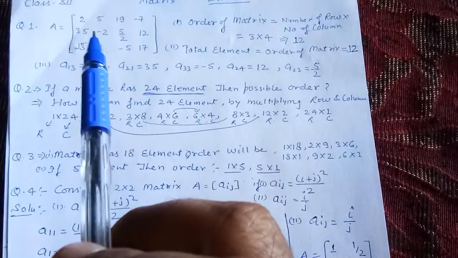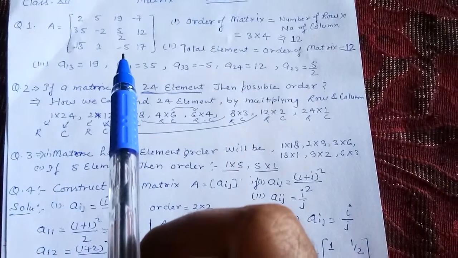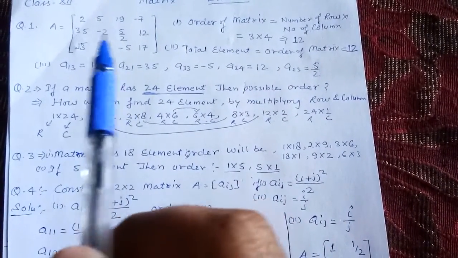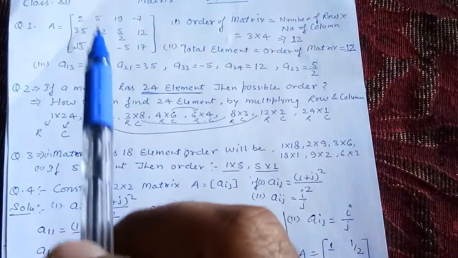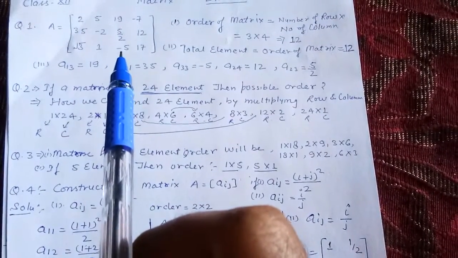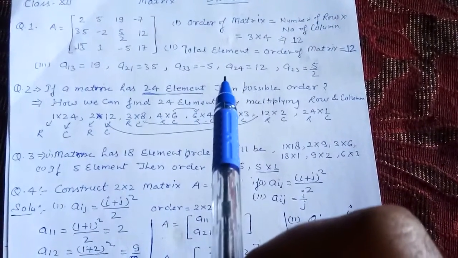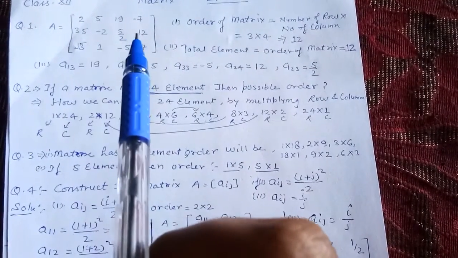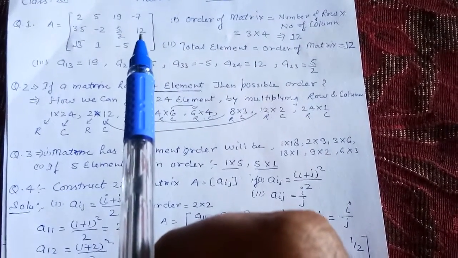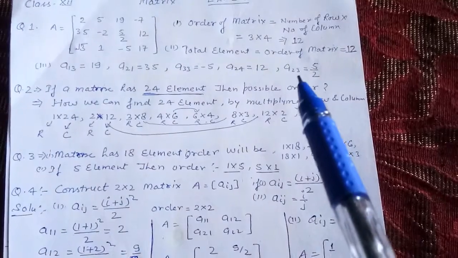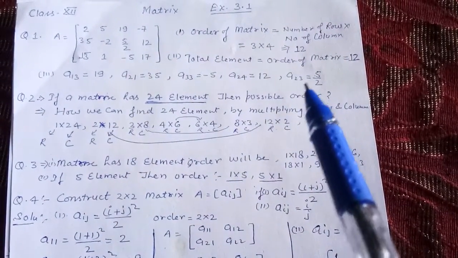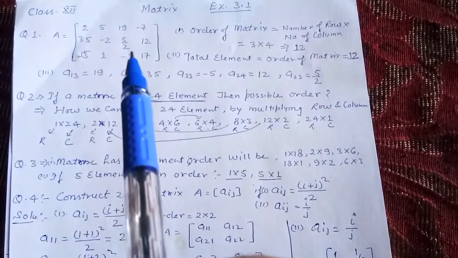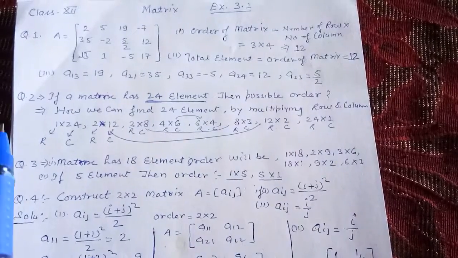A33 means third row and third column. See, third row, this one, third column, this, that is minus 5. A24 means second row, fourth column, that is 12. A23, second row and third column, that is 5 by 2, right?